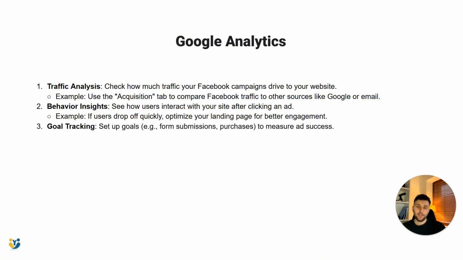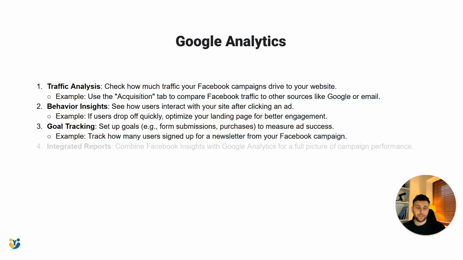It also lets you track your goals, which means form submissions, purchases, website visits, stuff like that, to measure whether the ad was successful. For example, you will track how many users signed up for a newsletter from your Facebook campaign. Then integrated reports. You can also combine Facebook Insights with Google Analytics for a full picture of campaign performance.